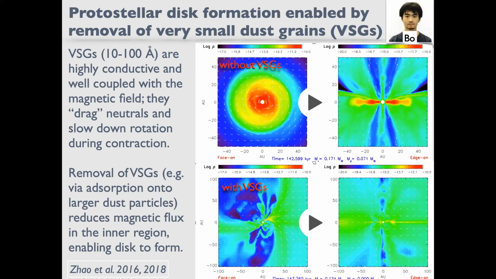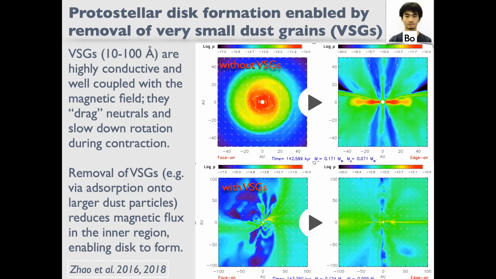For example, if you have very small grains present in the interstellar medium, these grains can carry negative charge, so they are very conductive, linked to the magnetic field lines, and tend to push the magnetic field lines inside the cloud. This means you have a relatively high magnetic flux toward the center, and this can slow down the rotation even too much, to the point that the angular momentum is almost completely lost.